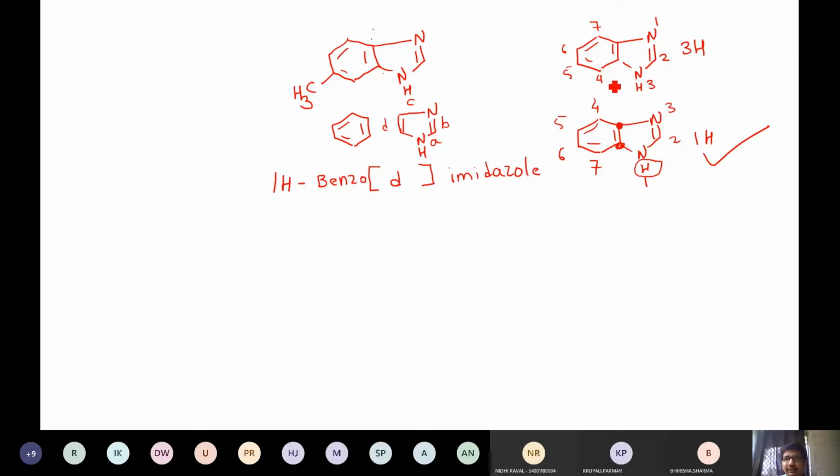Once you define the numbering for the entire system, you will come to know that the methyl group is actually at the 6th position. Am I right? So it can be 6-methyl, or 1H-6-methyl benzo D imidazole.